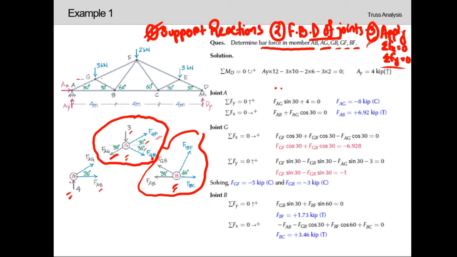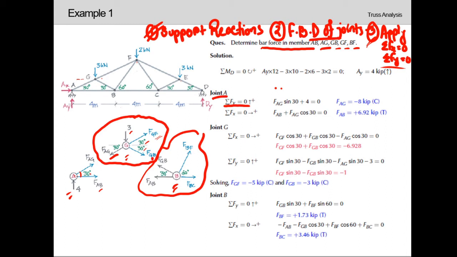So now, considering joint A, if we want to apply summation of Fy equals 0 in this joint A, we can see that FAG is an inclined force, which is inclined at 30 degrees with the horizontal one. So in order to calculate its vertical component, we need to consider its sine 30 portion.